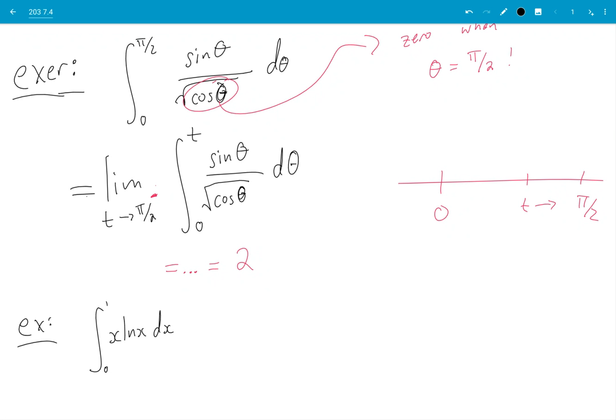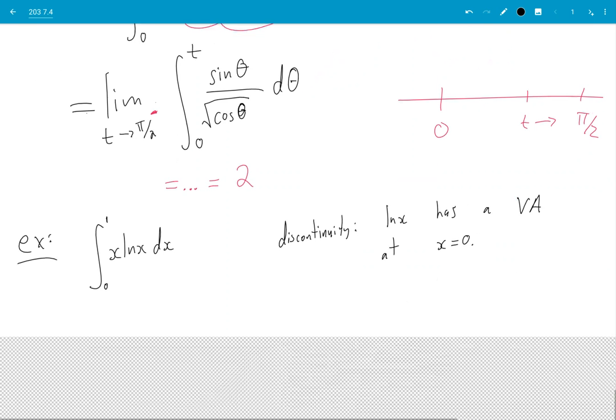How about this one? What is the issue here? Okay, so the discontinuity here, ln x has a vertical asymptote at x is 0.